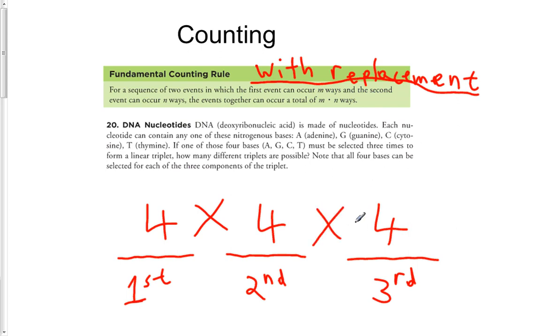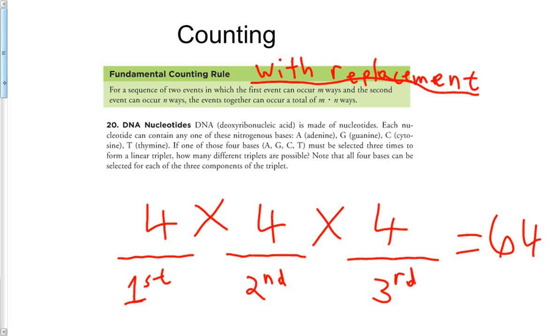So in total, there are 64 ways of selecting one of these nucleotides for a triple. So that would be an example of using the fundamental counting rule: 64 ways that these bases can be selected to form a triple.